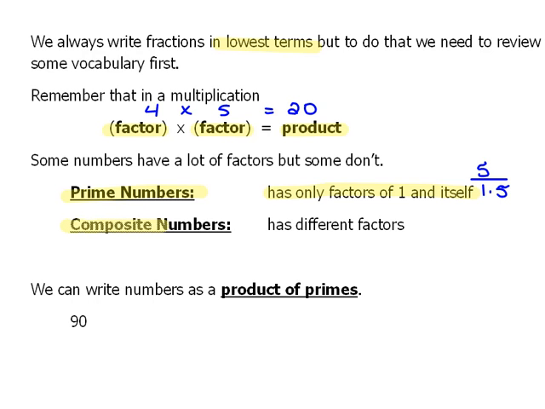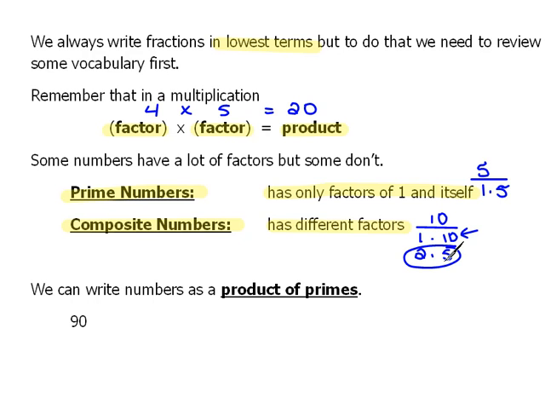Now, composite numbers would be everything else. They have many different factors. So say, for instance, the number 10. 10 is a composite number because we could multiply 1 times 10, or we could multiply 2 times 5. So it has factors other than 1 and itself. This is a composite number.